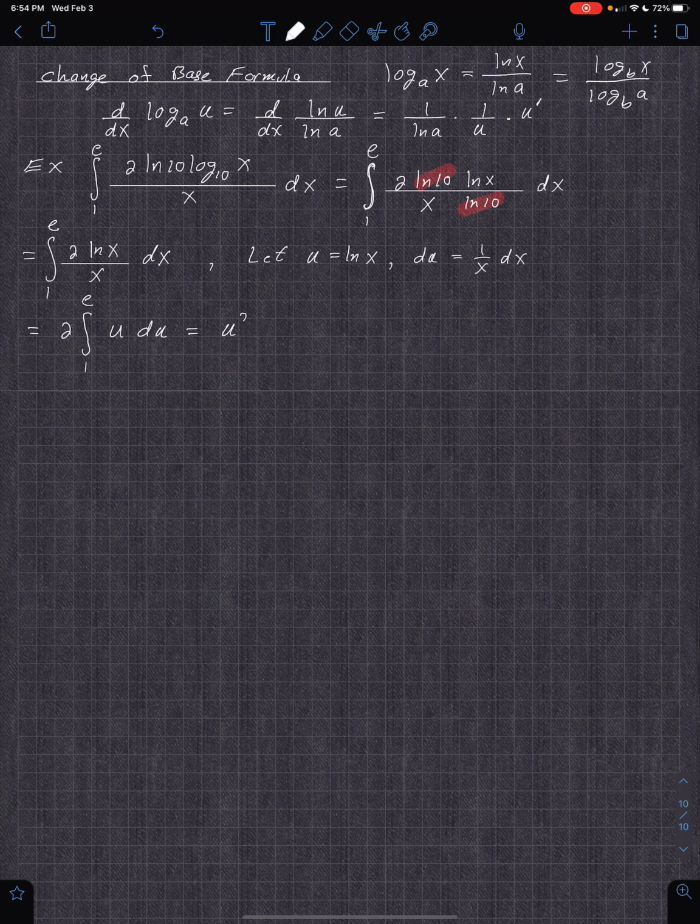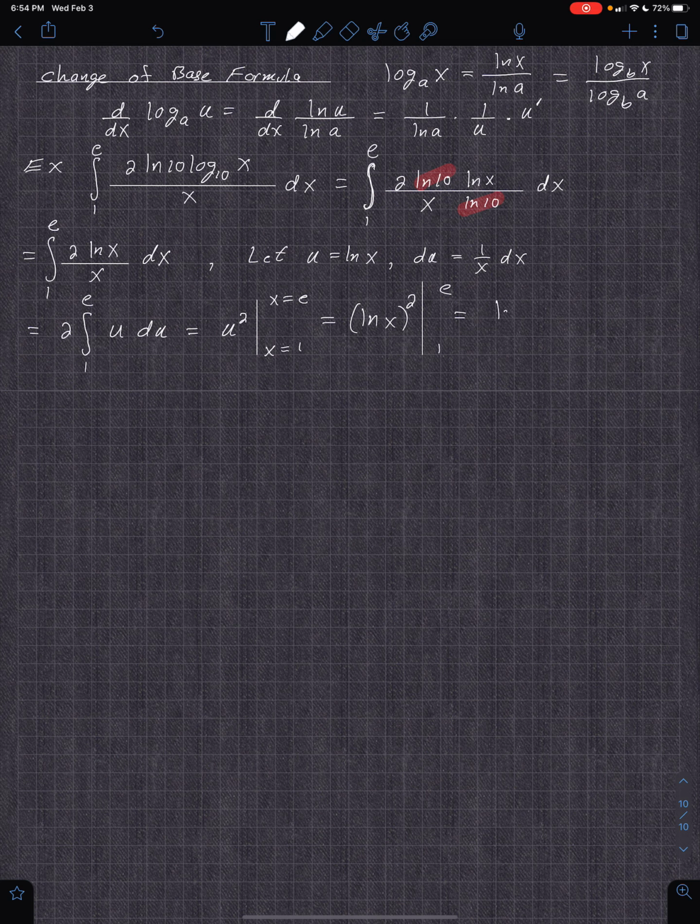So that's just u squared. And then we're going to evaluate that from, it's actually x equals 1 to x equals e. So let's change back so we have the same variable. That's why I put that in there. So it's ln x quantity squared, and then now we can just say from 1 to e.